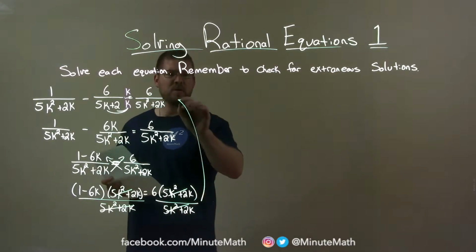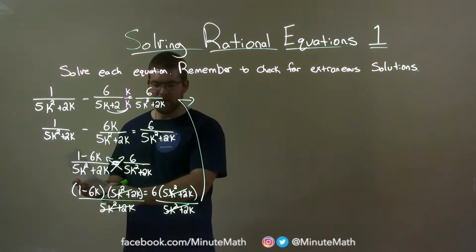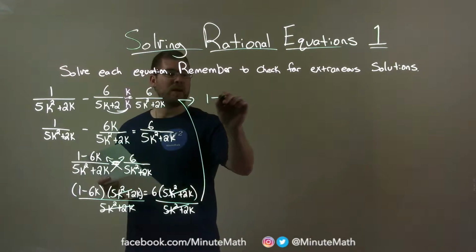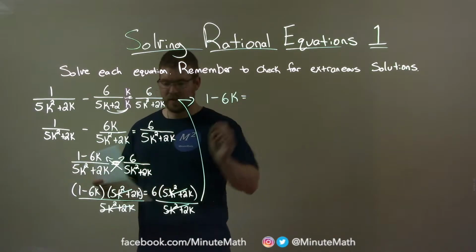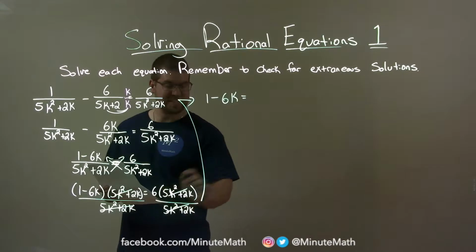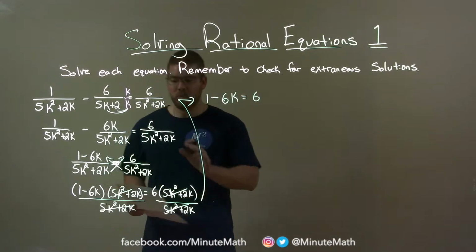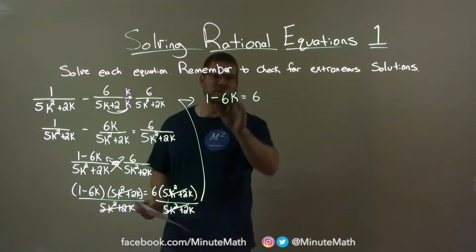And so, if we continue our work here, we're left with just this 1 minus 6k that was in the parenthesis, and that's just equal to, really, just 6 by itself here. So this, super complicated, just became pretty easy.